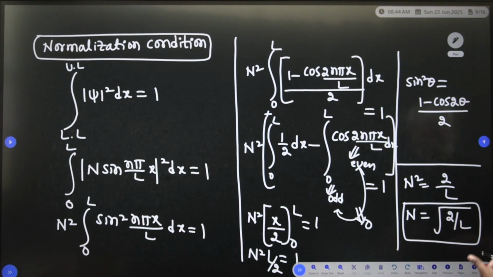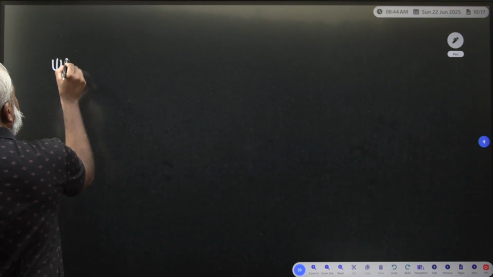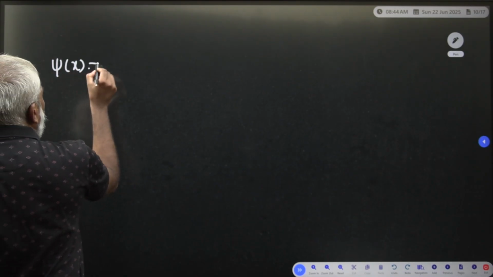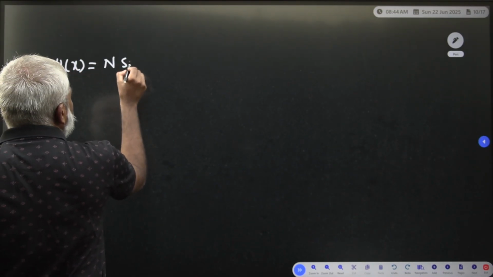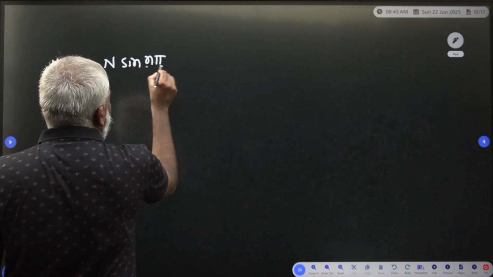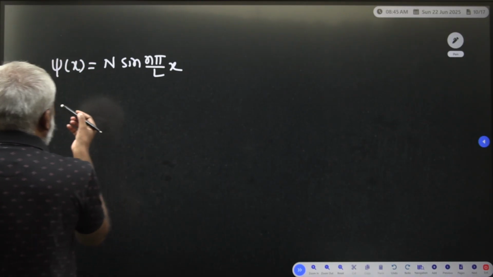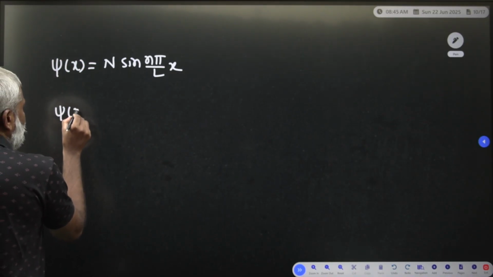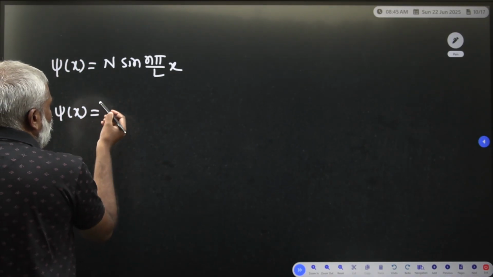So your wave function becomes psi of x is equal to N sin n pi by L into x. This is your wave function. So psi of x is equal to, what is your N?